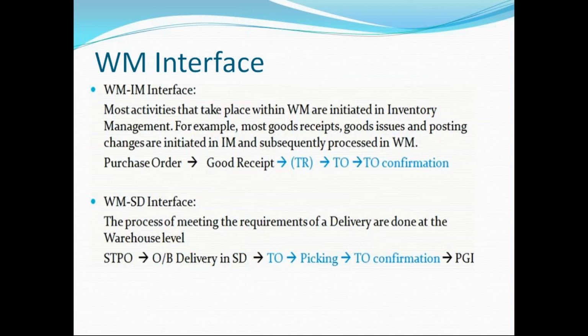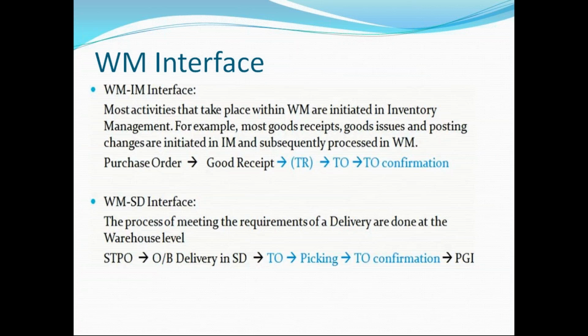This is the way in which WM and IM interface. Most activities that take place in WM are initiated at the IM level. For example, the goods receipt process, the goods issue process and the posting changes are initiated in IM and subsequently processed in WM. In the WM-IM interface cycle, the purchase order will be created with transaction code ME21N. Then the goods receipt happens using the MIGO transaction.